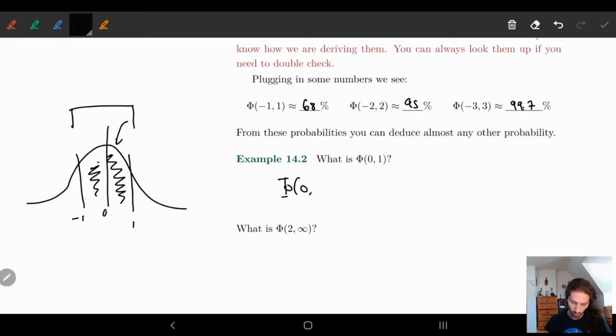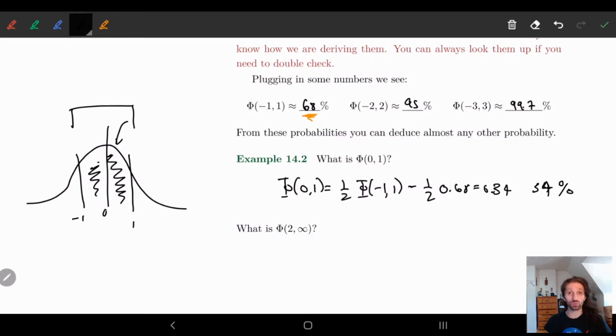So phi of 0, 1 is just 1/2 of phi of minus 1, 1. And this we talked about last time is just 68%. So it's 1/2 of 0.68, which is just 0.34, so 34%. So that's it. Nice and easy.